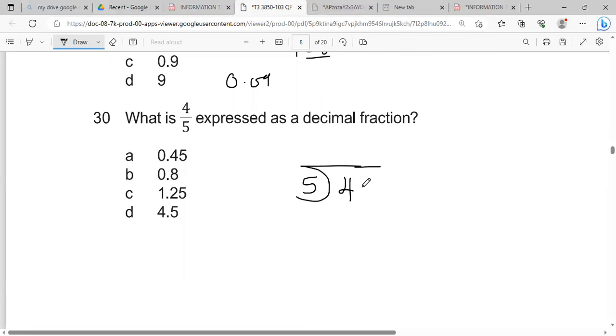All right, so this is 4.0. 5 into 4, we can't. So put a 0, put back our decimal point. 5 into this goes 8 times, 5 8s are 40. And then we subtract, which gives us 0.8.